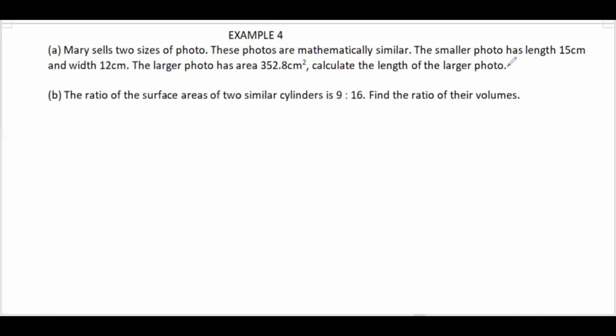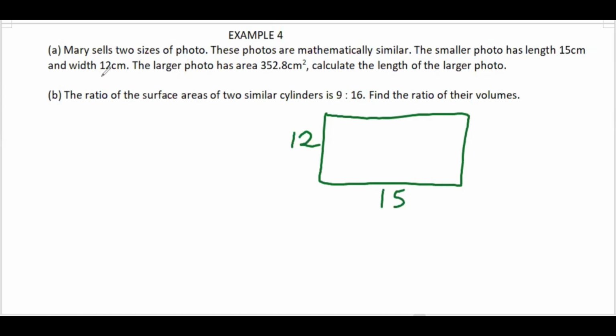The smaller photo has length 15 and width 12. So let's give a pictorial aid. The first photo is 15 by 12. This is the smaller photo, whose area we don't know.